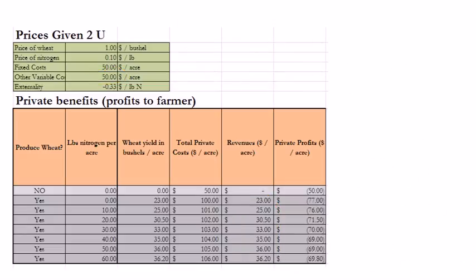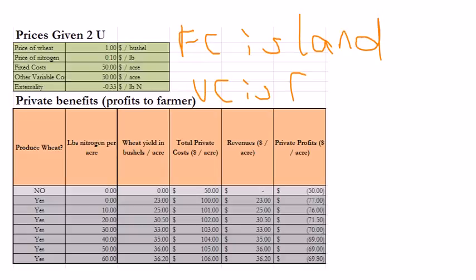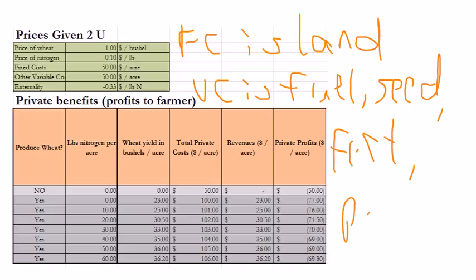And this would be a situation, like an example would be where your fixed cost is land and your variable cost is fuel for the tractors, seed, fertilizer, pesticides, all the stuff, all the inputs that you absolutely need to be able to produce some wheat.